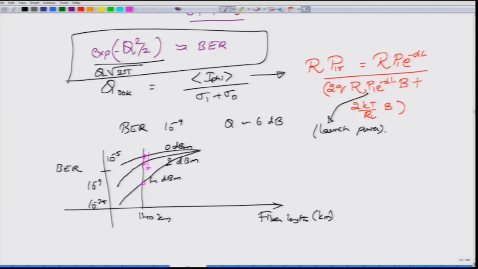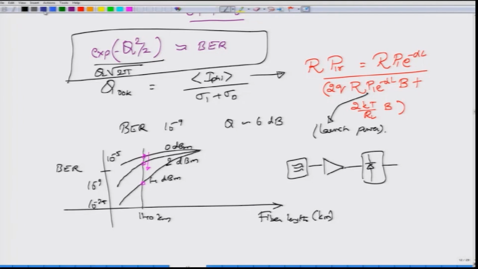Now, this is all for a system without any amplification in the middle. Suppose I put an optical amplifier followed by a band pass filter, or rather I should put a band pass filter first and then follow it up with an amplifier. If I do this kind of receiver before I give it to the photodetector and hence for further processing, these curves will undergo a drastic change.